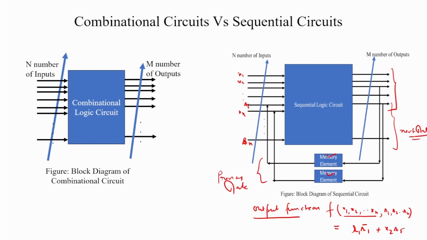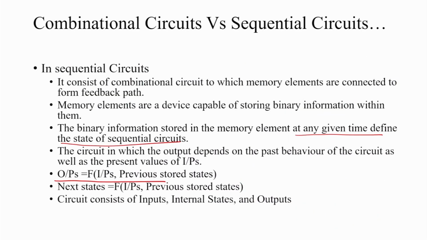There are two types of outputs in a sequential circuit. One is the output, and the other is the next state, that is, how the memory elements are updated. The final outputs depend on the inputs as well as the previously stored states. The next state is the updated value of a memory element, generated using the present input combination and the previously stored value.